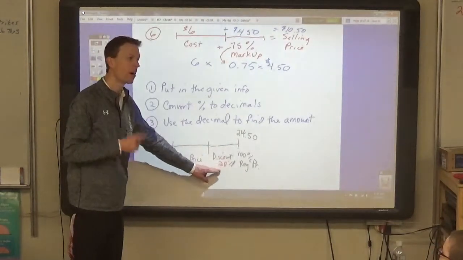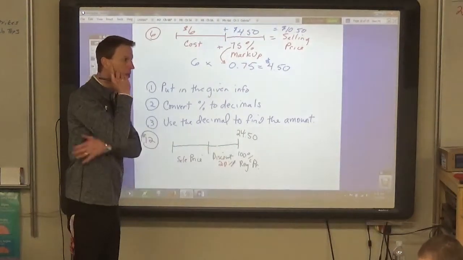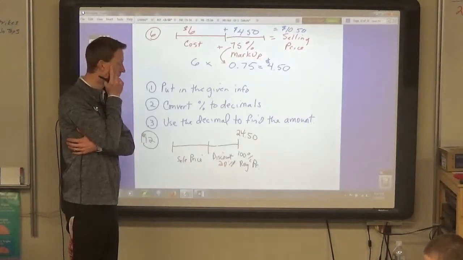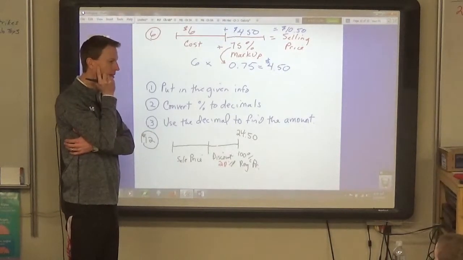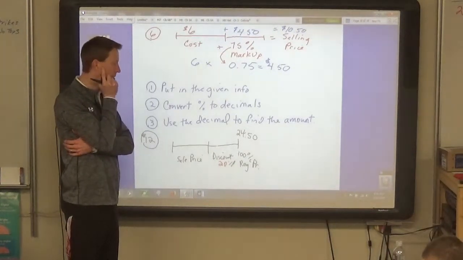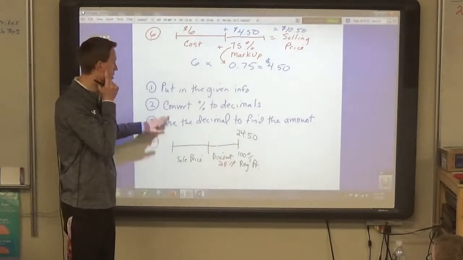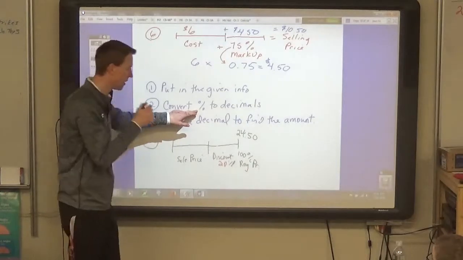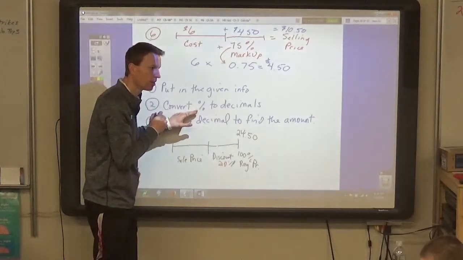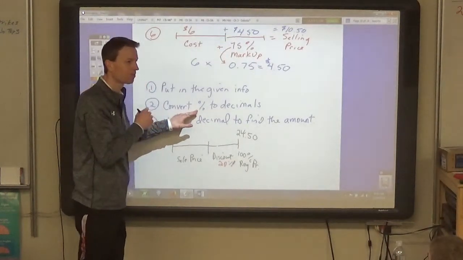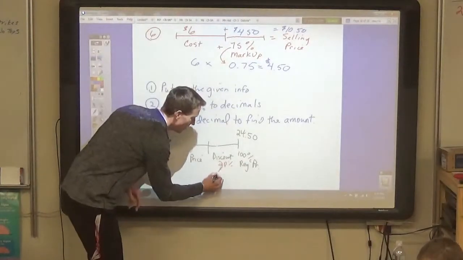Okay, so now think, how would we find 20% discount? You have to convert it to a decimal. What is this as a decimal? It's 0.2. Yeah.